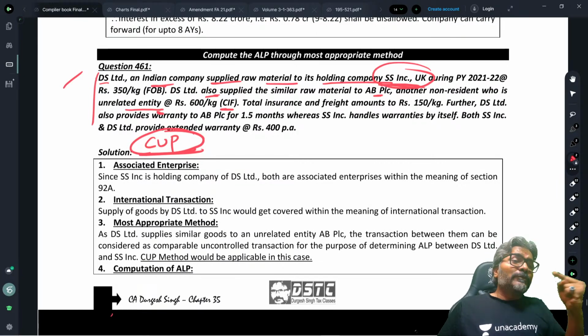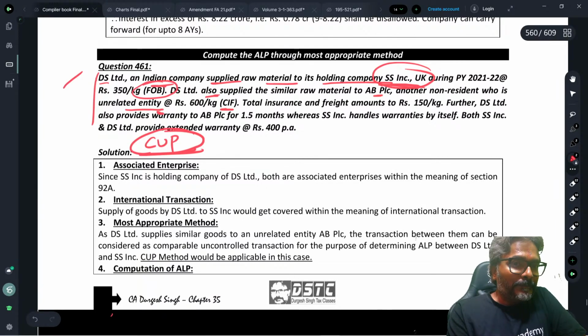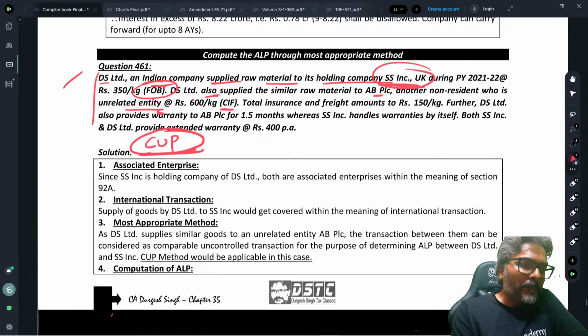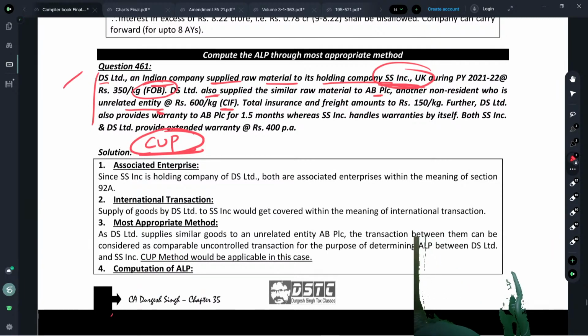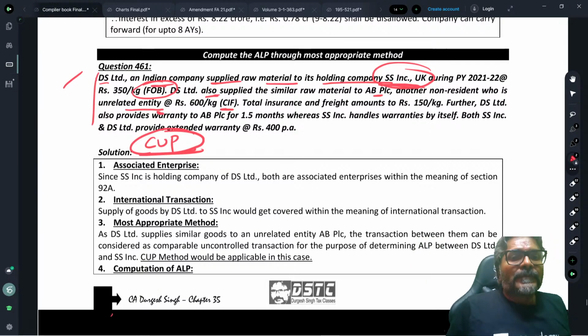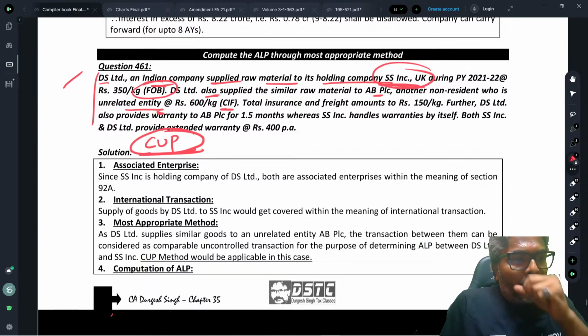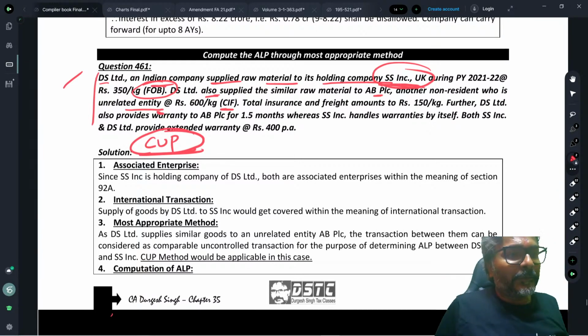And why is it that we have to remove the insurance and freight? So as to bring the price at the FOB level. That is the reason why we need to remove insurance and freight as well.